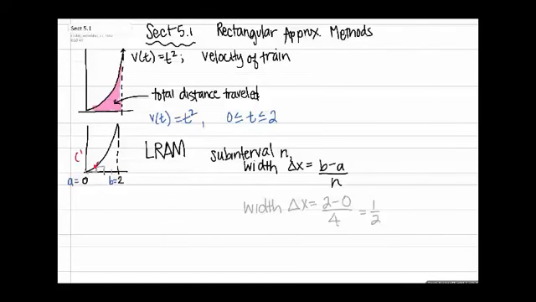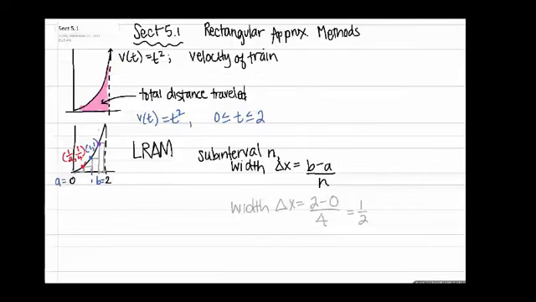This coordinate point would be 1/2 comma 1/4. And then the next rectangle, its height would be determined by the y value at 1, which makes it 1, 1. And then our final and fourth rectangle, its height would be determined by its value at 3/2.